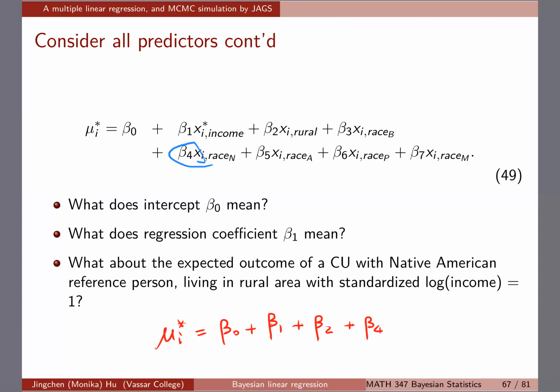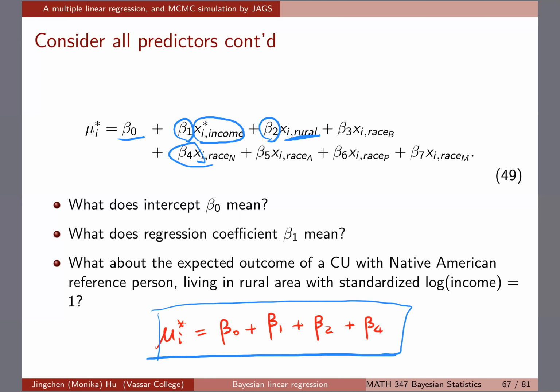Living in a rural area, so beta 2 should be included as well because this value should take value 1, right? And then standardized log income, which is 1. So this x i star income is also 1. So beta 1 is being used as well. And then, of course, you have your intercept. So that's why this will be the final mu i star that you use.